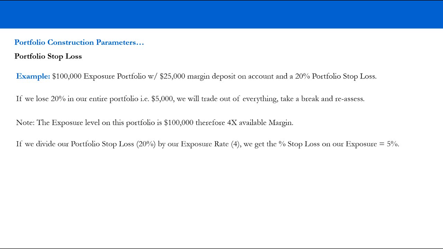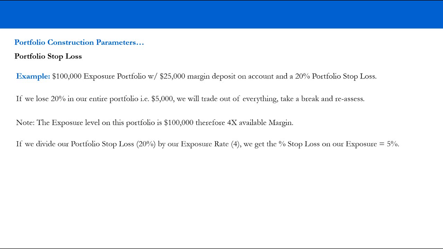So 20% on our margin, not on our exposure. So if we lose 20% in our entire portfolio, so 20% of our margin, so $5,000, what we're saying to ourselves is we will trade out of everything and we'll take a break and reassess. Note here that the exposure level on this portfolio is $100,000, so it's 4 times the available margin.